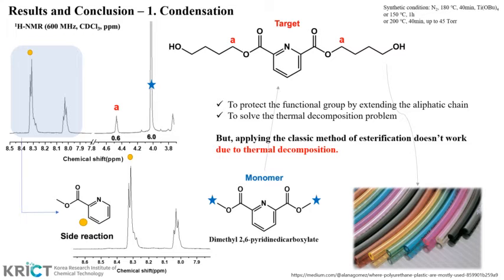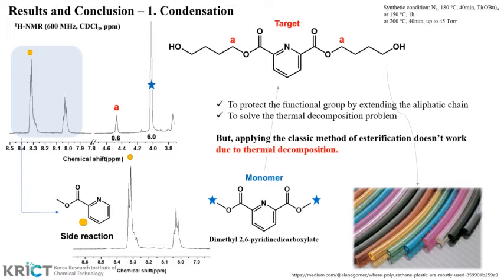After synthesizing with dimethyl DPA and 1,4-butanediol, I checked the structural properties through proton NMR. As you can see, most of the products are not reacted or decomposed a lot. Pyridine, which is completely decomposed, has not been found. Its peak is predicted at around 7.2 ppm.